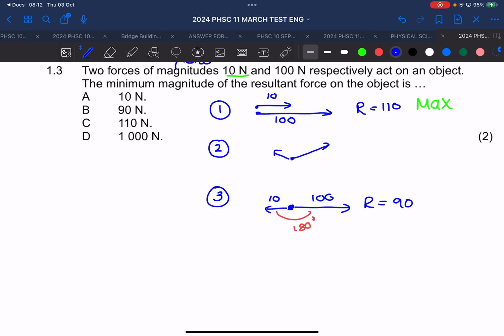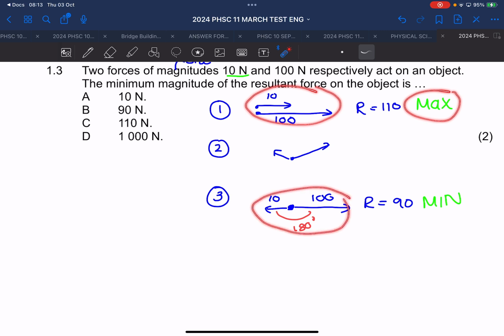Okay? So that is when the two of them are completely opposite to one another, when you subtract them from one another, and that will be the minimum. The minimum that it can be. You can't subtract them any more from each other. So if they're in the same direction, it is the maximum.